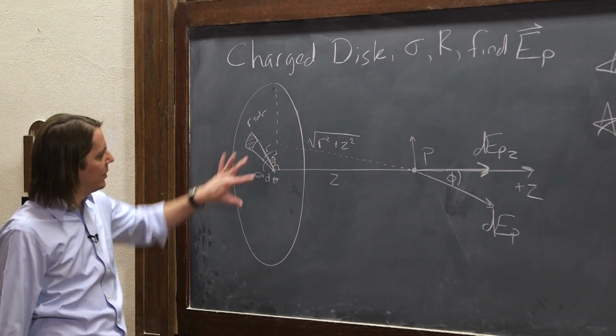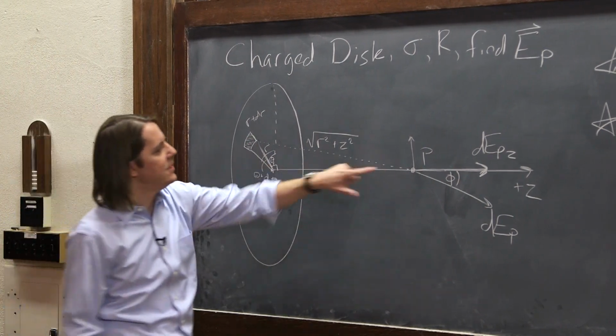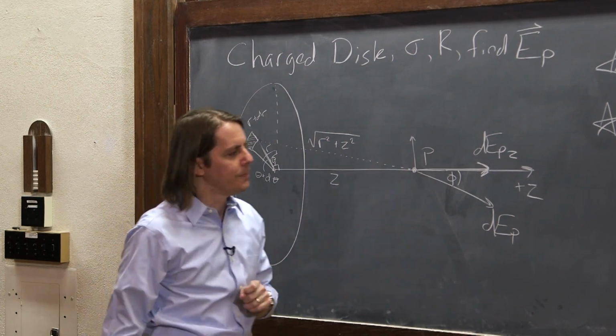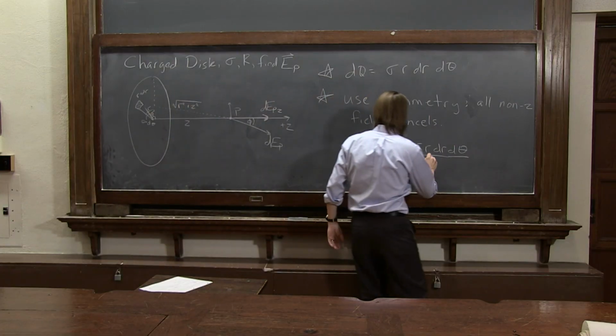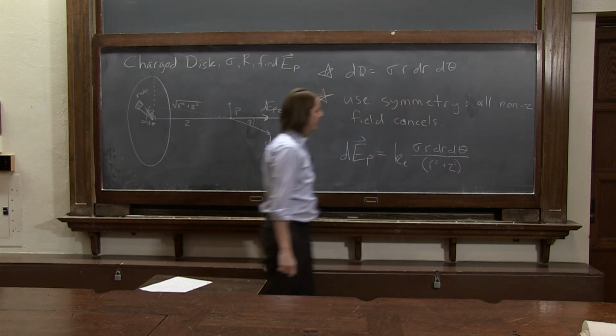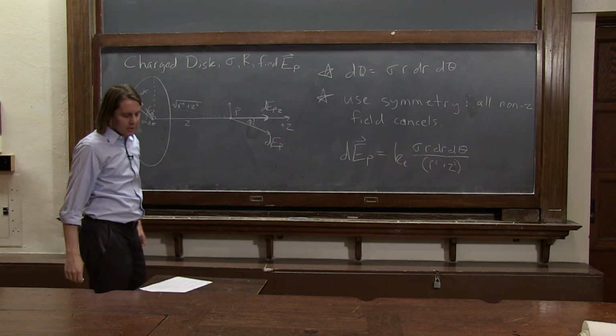All right? So it's getting a little messy in here, but this is r, this is z, therefore the hypotenuse is the square root of r squared plus z squared. And we need to square it in the bottom. Okay. So there's the bottom.